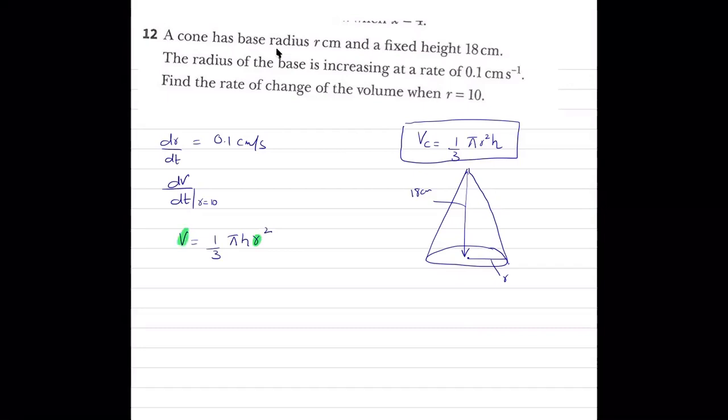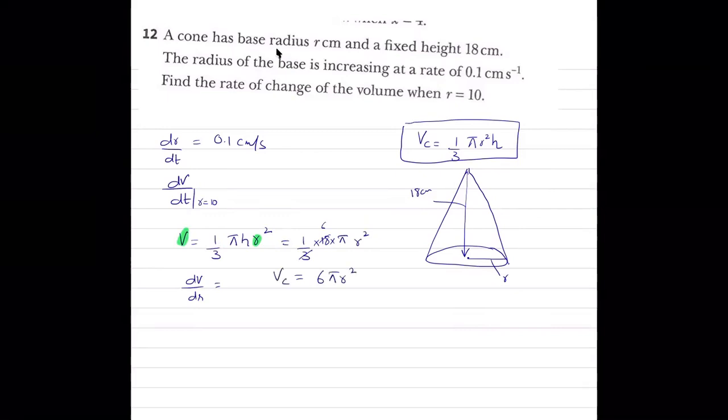So now I'm going to differentiate this. dV over dr is going to come out as, height is constant. You see, height does not change, so I'm going to treat height as a constant value. If you want, you can also plug in the value of h as 18. And pi is a constant value. We all know that. So this is going to be 6 pi r squared.